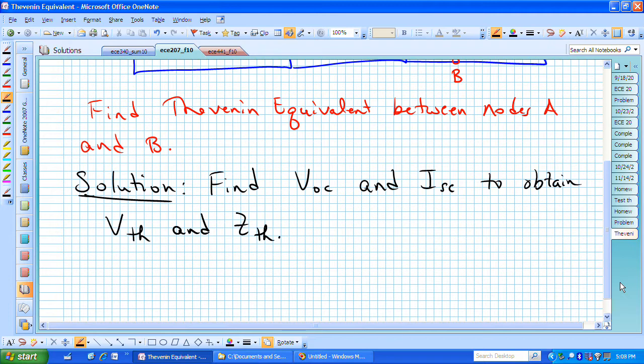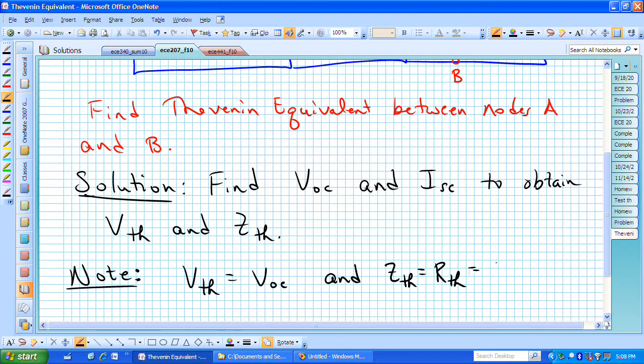In this particular example, it should be clear that we're looking to find just a resistor for Z Thevenin, since there are no inductors or capacitors in our circuit. And our V Thevenin will be our open circuit voltage, and our Z Thevenin, which I just said would be a resistor, R Thevenin, is going to be the ratio of this open circuit voltage to this short circuit current.